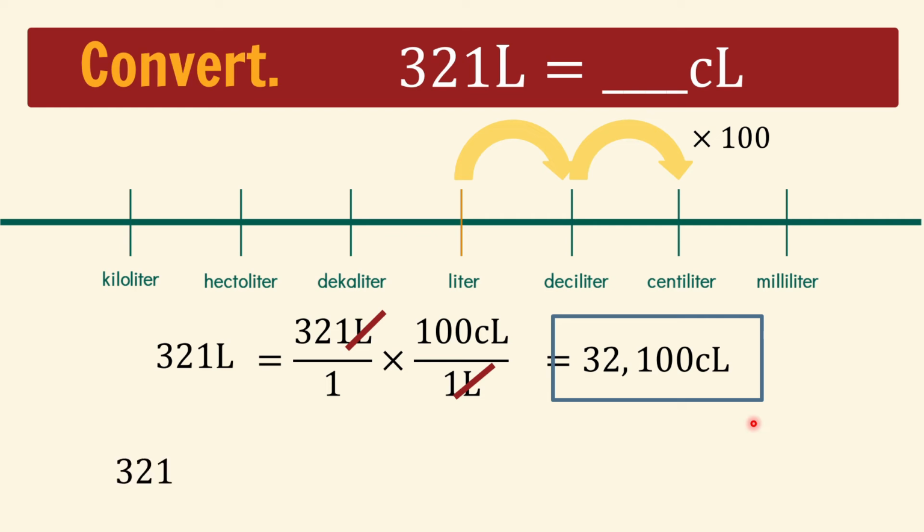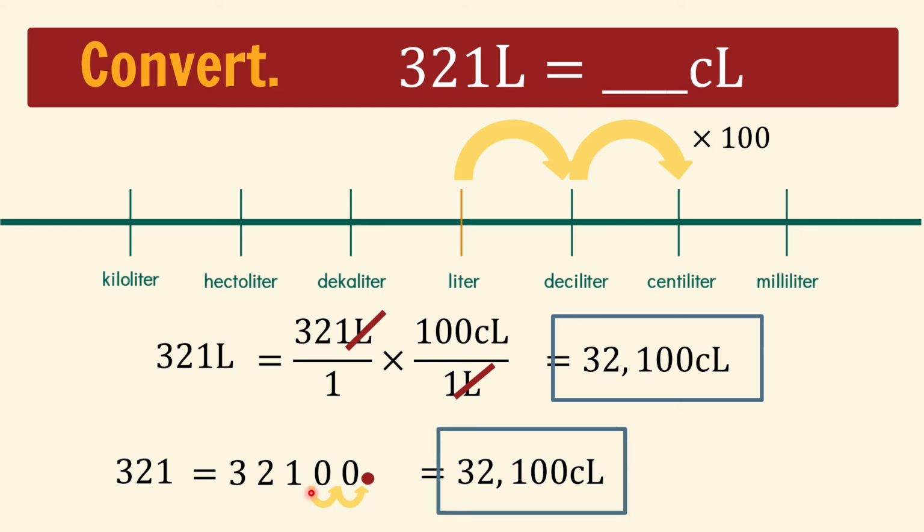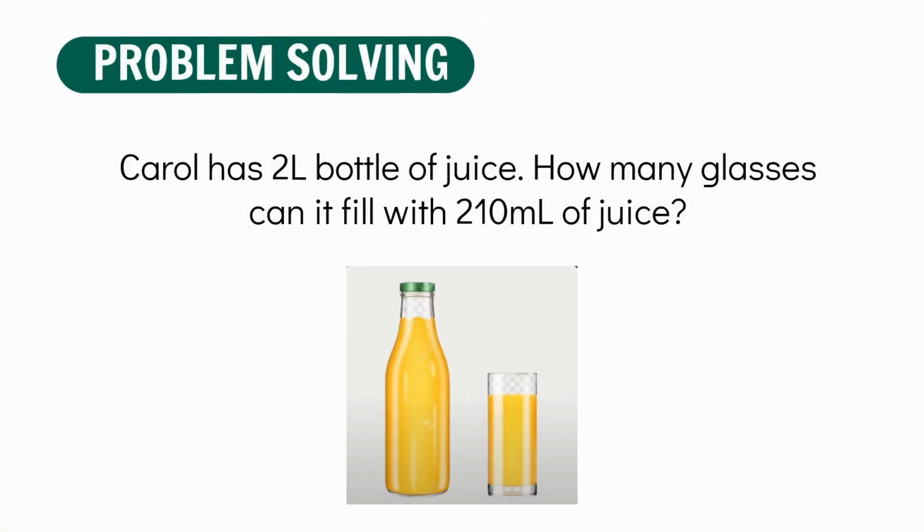Let's check if this is true by moving the decimals. So all we need to do is to move the decimal point of 321 two times to the right. This is because we are multiplying by 100 and 100 has two zeros. So 321 liter is equal to 32,100 centiliter.